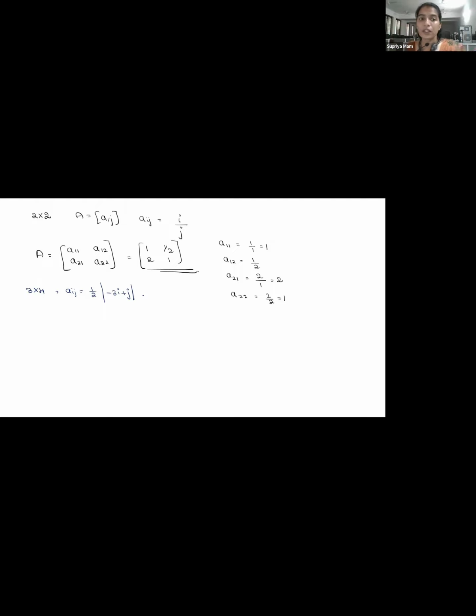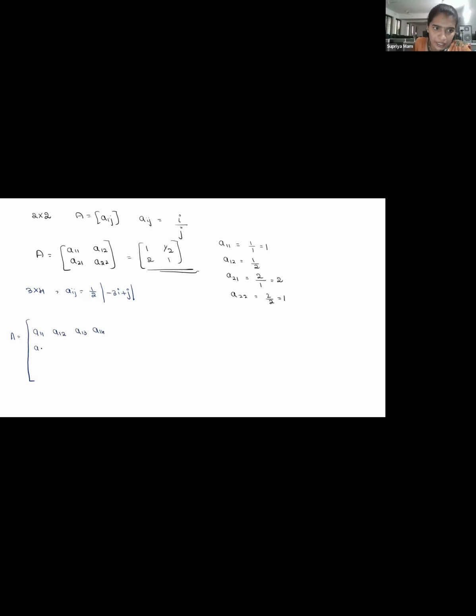Try. Order 3 by 4. So first identify the general matrix of order 3 by 4. 3 by 4 means 3 rows and 4 columns. Identify the general matrix: A11, A12, A13, 4 columns, so up to A14.